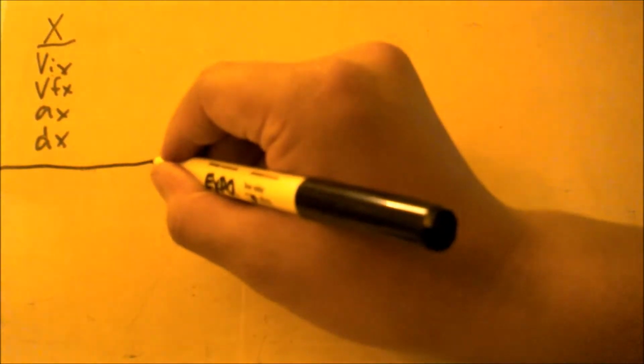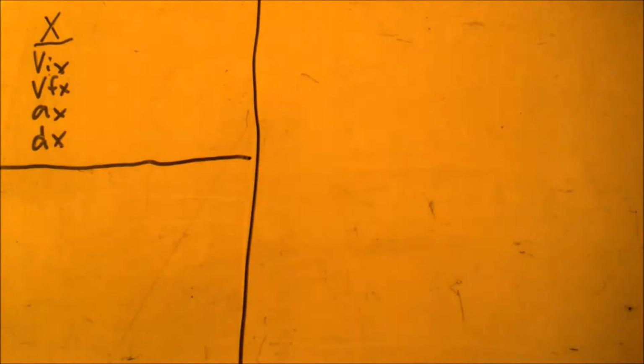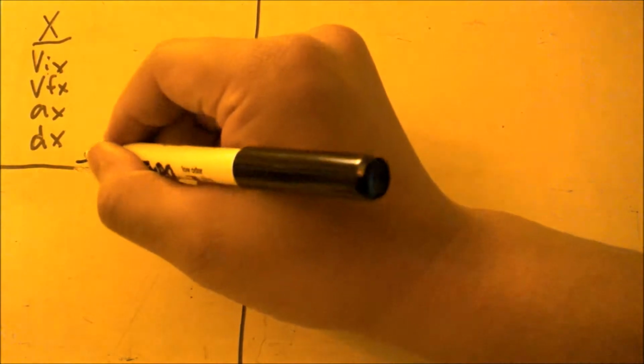So our second step is listing what we have. For our x components, we have velocity initial x, velocity final x, acceleration x, and distance x. And then we'll put time in the middle since the x and y components share time.